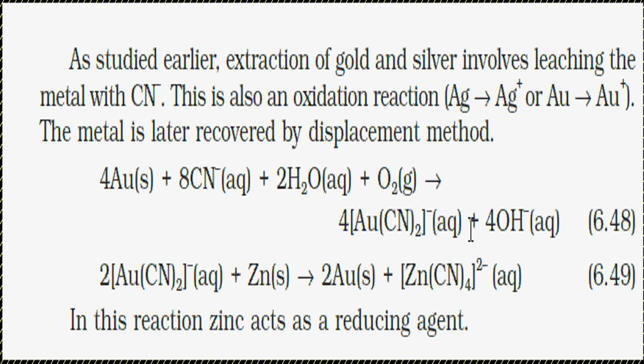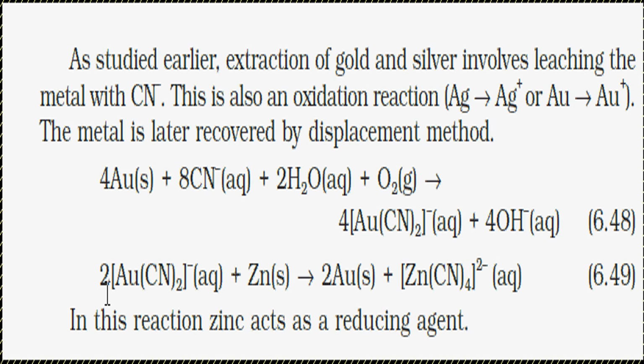Now wherever you have CN minus ion, there you can have K, that is KCN, then K[Au(CN)2], that is the complex, plus KOH for your information.